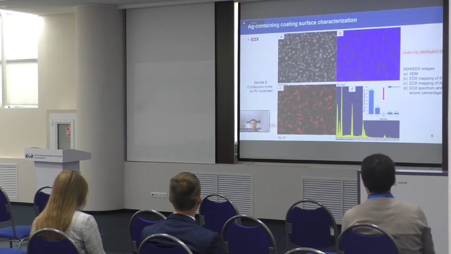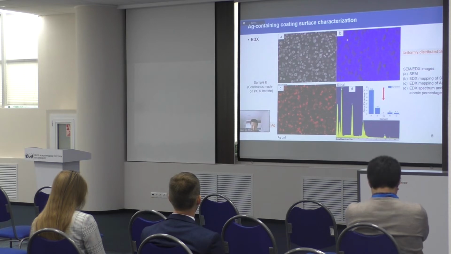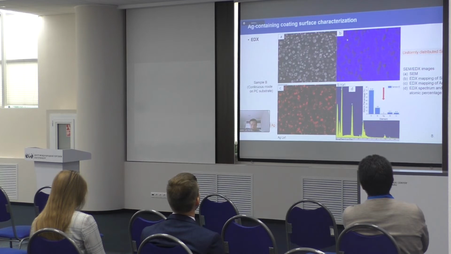And when we checked the EDX of sample B, especially in figure B, this is the silicon map, and it's almost uniformly distributed on the surface, which reveals that the aerosol is also covered by the silicon formed by the polymerized HMDSO.